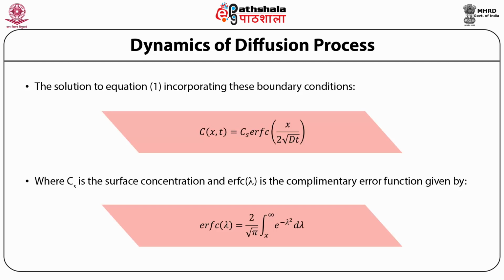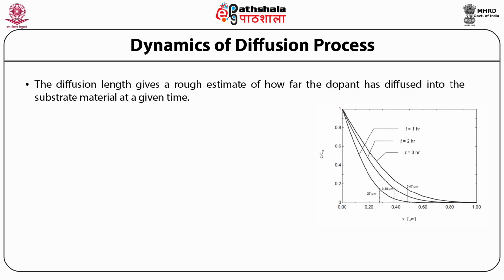So the variation of C by Cs with x is shown in this figure for various values of t, and the diffusion length gives a rough estimate of how far the dopant has diffused into the substrate material at a given time.